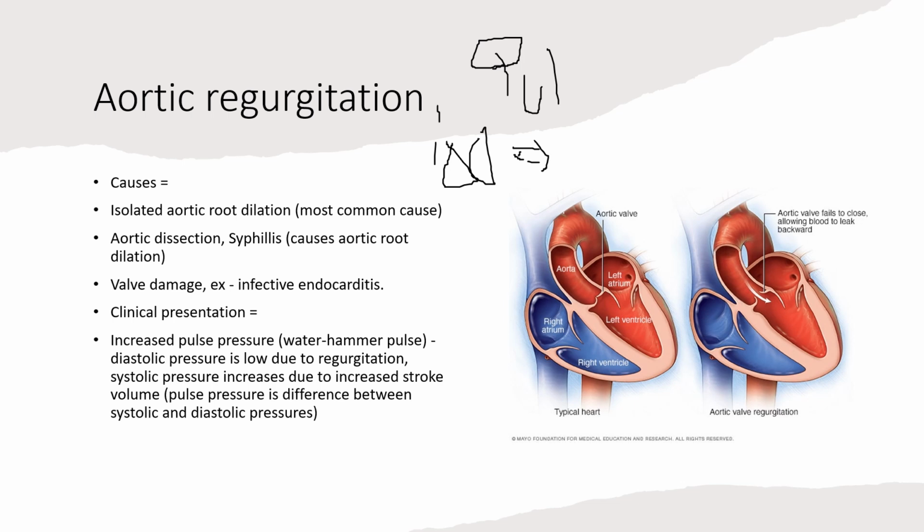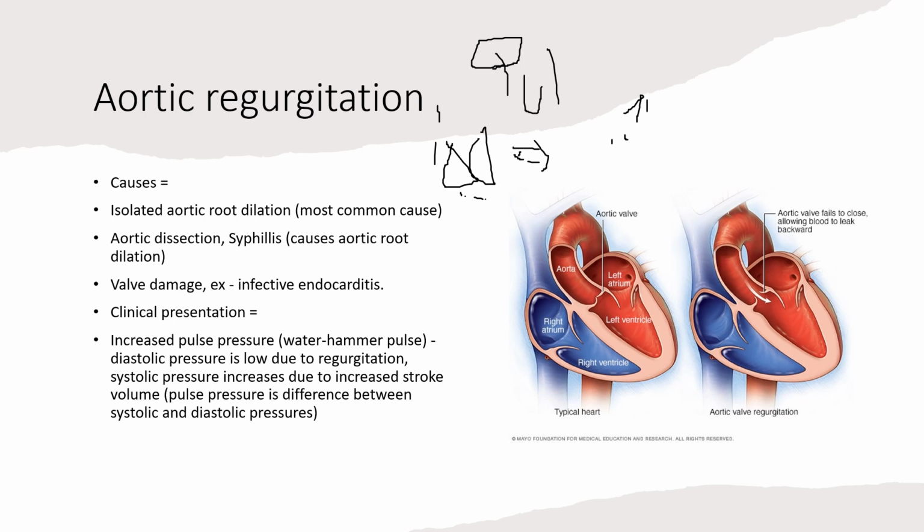Imagine that in one cycle this happens. In the next cycle, the blood supposed to be pushed by the heart will be 130. Why 130? Because 100 minus 70 is equal to 30.